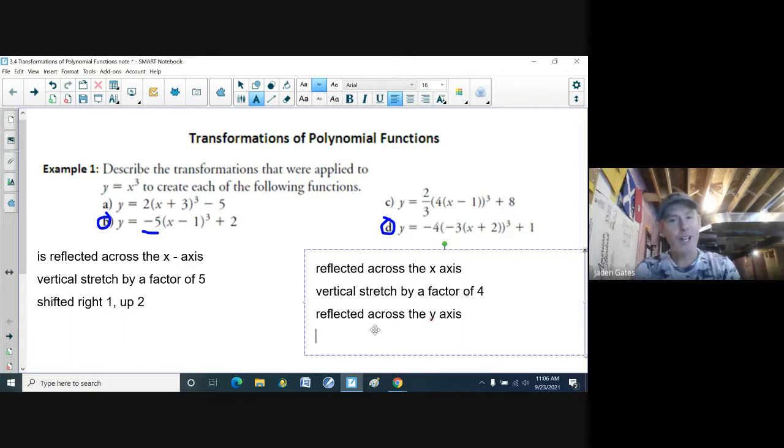Because the absolute value of k is greater than 1, we now have a horizontal compression by a factor of 1/3, which is 1 over the magnitude of k. There we go. That one's always a little bit different.